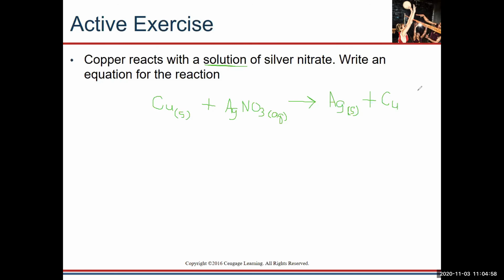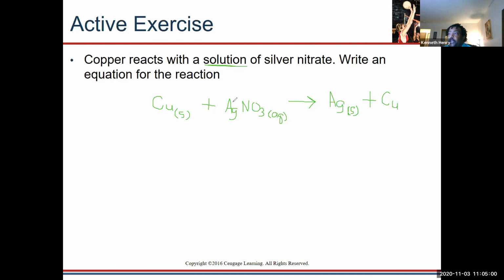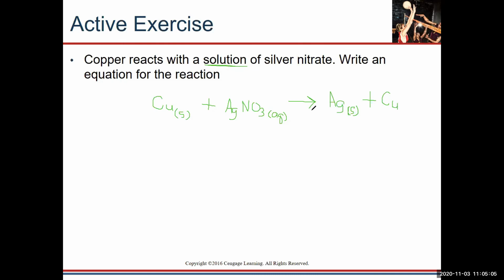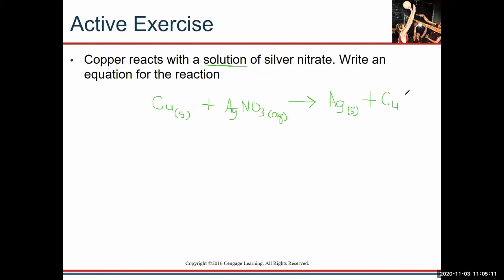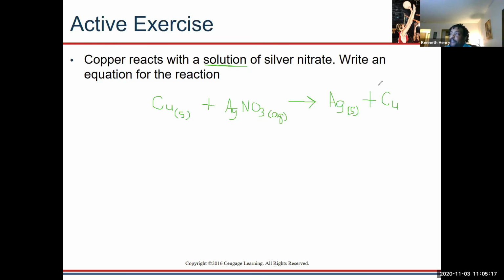So it's going to be +2, but how many nitrates am I going to need to balance it out? What is the charge on nitrate? No, it's just negative. It's a negative, right? So then how many nitrates will I need to balance out a 2+? So really, we're going to have Cu 2+.